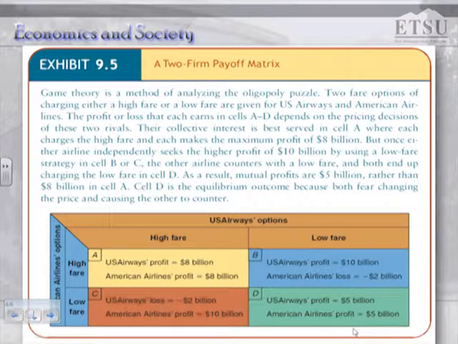So when each firm follows their own self-interest, each firm ends up with $5 billion instead of $8 billion in this case. So this is an application of game theory, the prisoner's dilemma, to a high price, low price, collusion versus competition outcome.